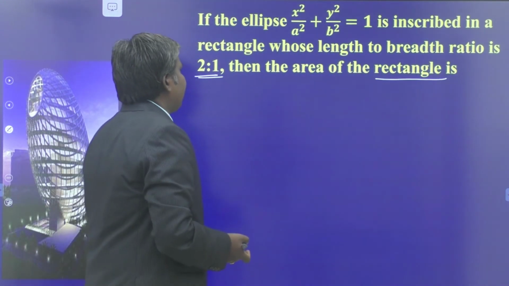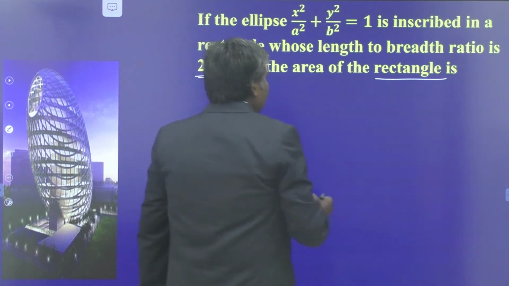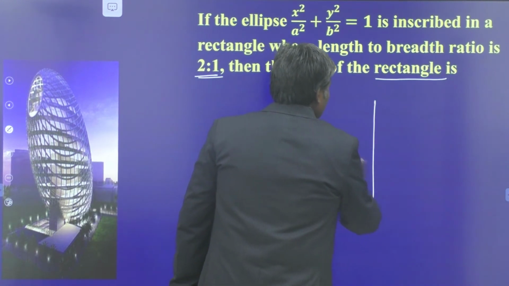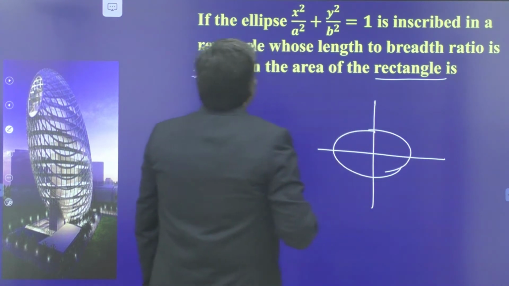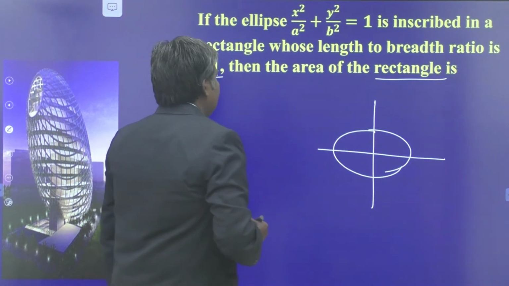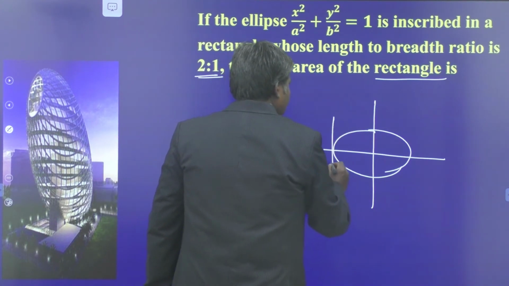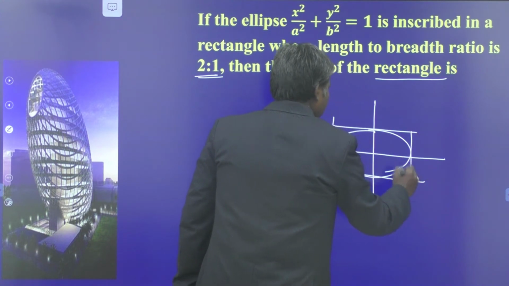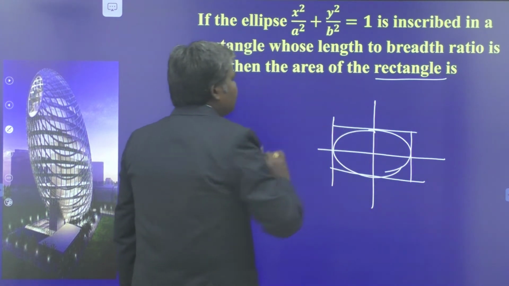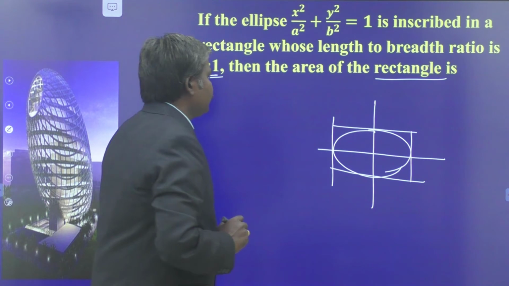Let us try to draw the diagram. x square by a square plus y square by b square is equal to 1. This is your ellipse, inscribed in a rectangle, which means the ellipse is inscribed in the rectangle.